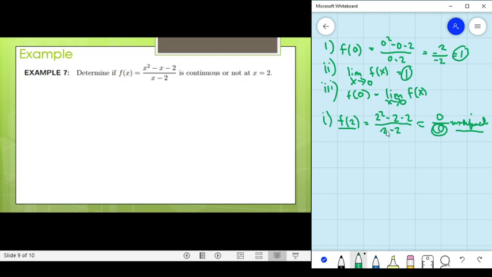So there's no need for us to check whether the second and the third conditions are met. So therefore, we can conclude that f is discontinuous at x equals 2.